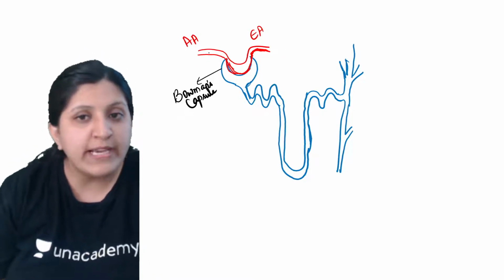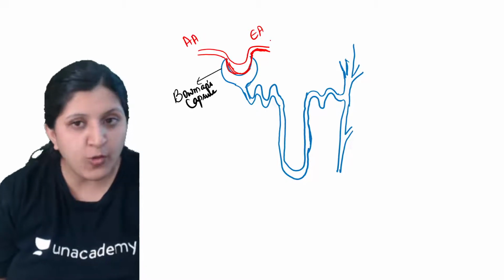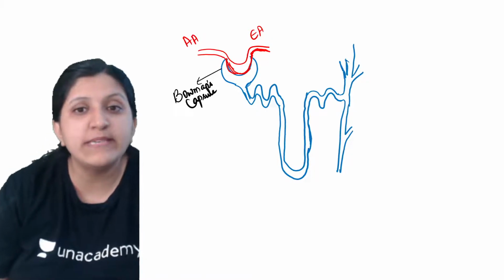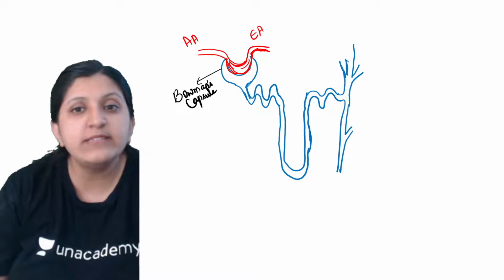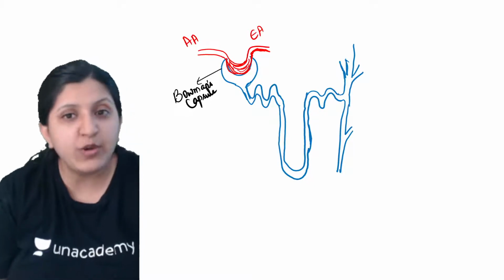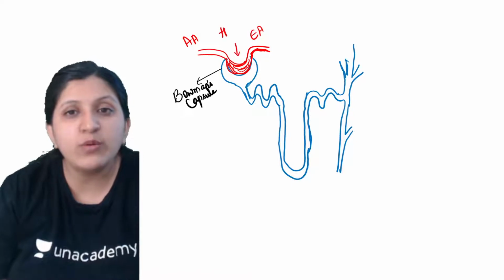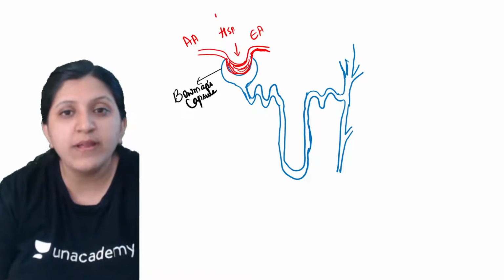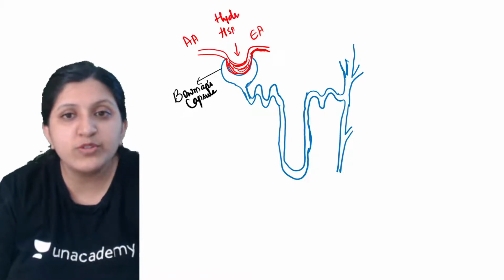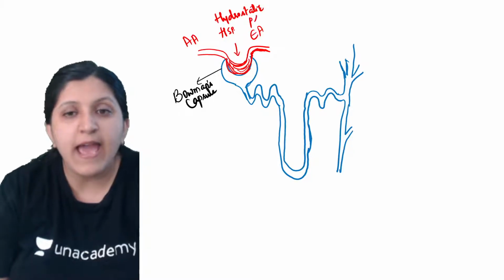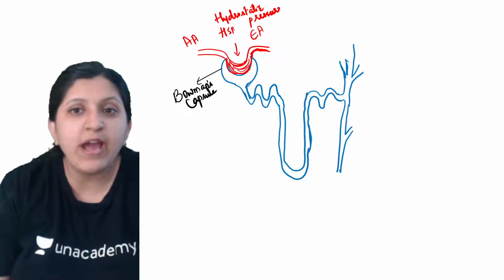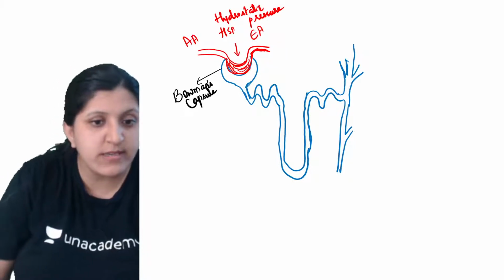So a wider lumen and a narrow lumen. The difference in this itself is creating a hydrostatic pressure over here. Let me just write here: hydrostatic pressure is created, and that is the reason why the ultrafiltration process occurs.